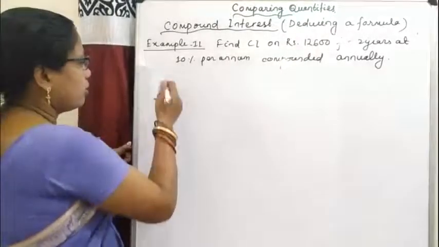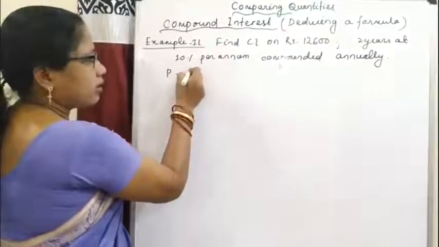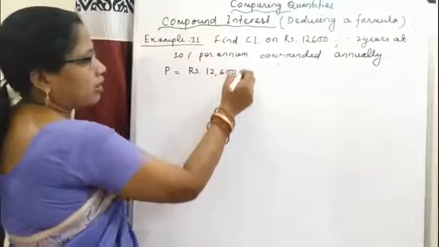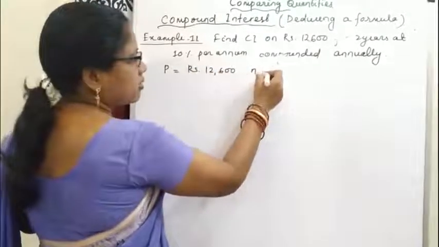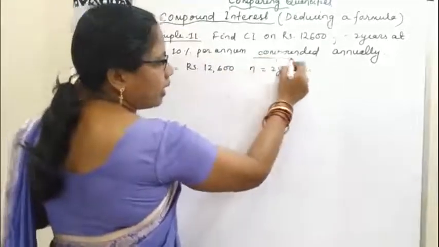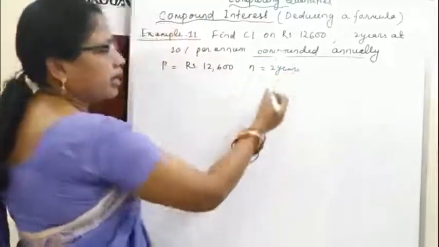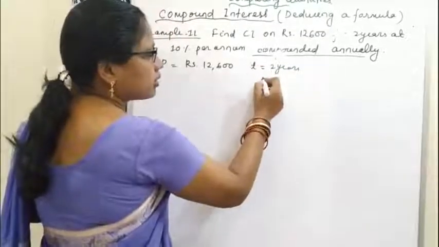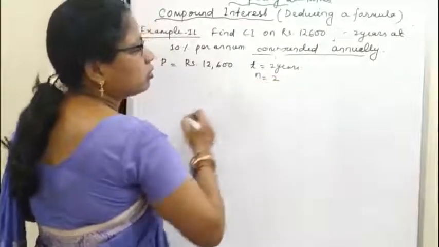So here P is given, rupees 12,600. Time n is equal to 2 years. It is given compounded annually, so we will take n is equal to 2.